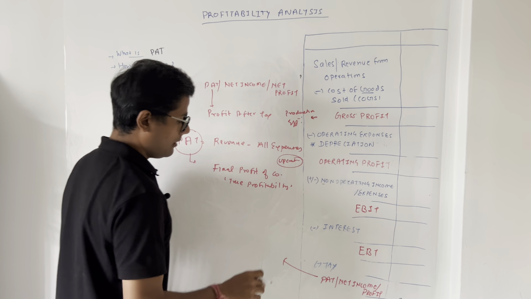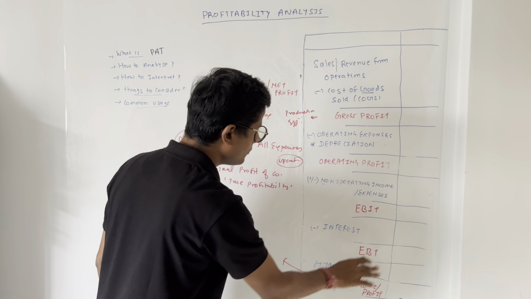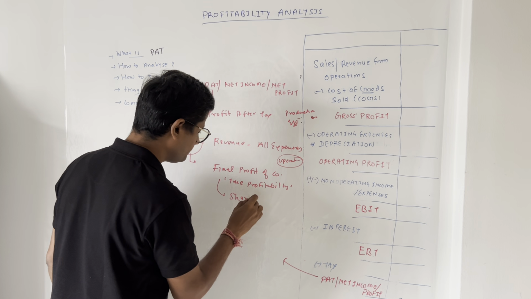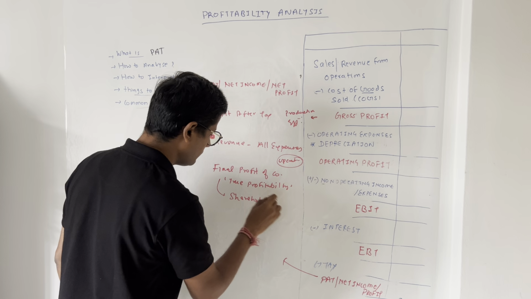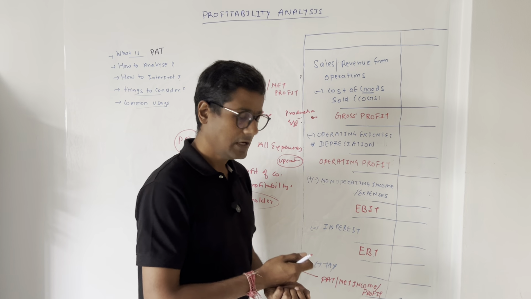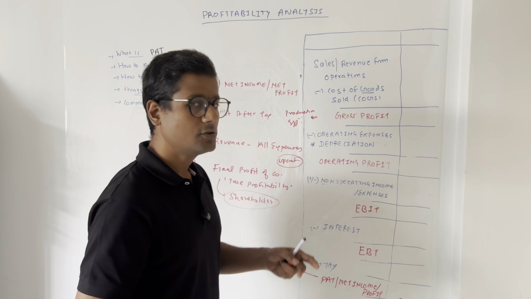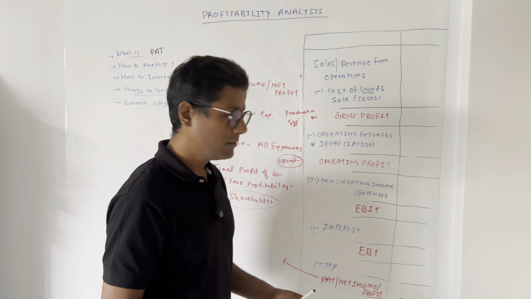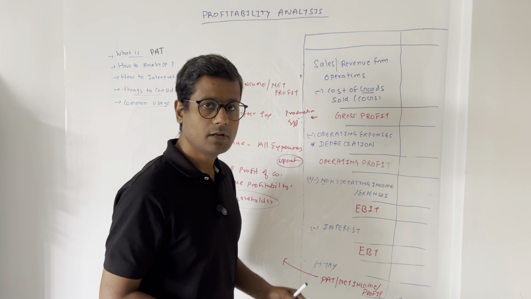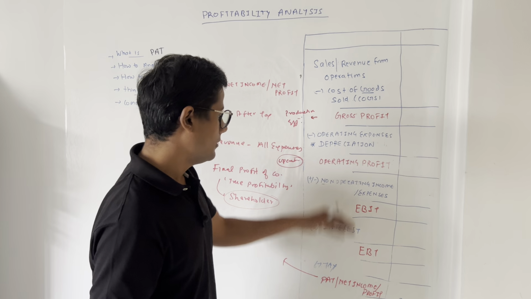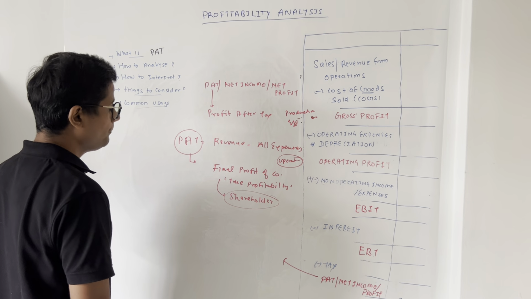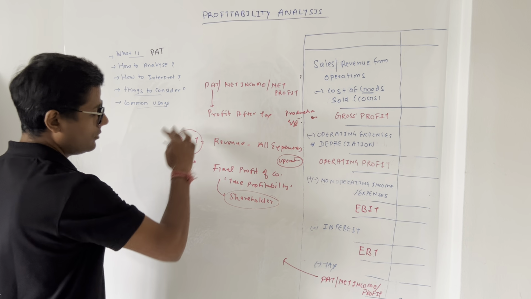That is why it is more important for shareholders, because that is the earning available for shareholders. So PAT shows the true profitability of the company after deducting all the expenses, and it is very important to shareholders because it is what remains after deducting everything. So this is about PAT.